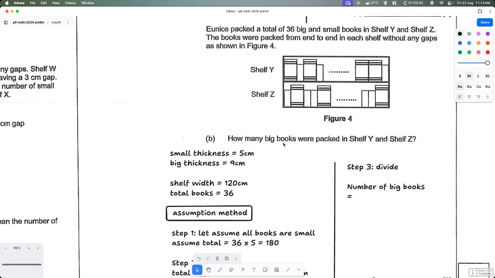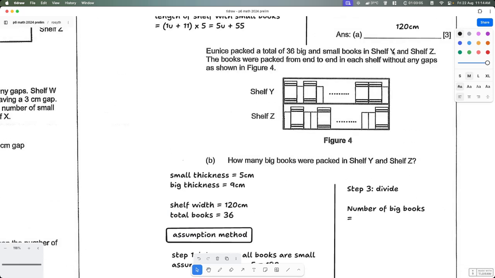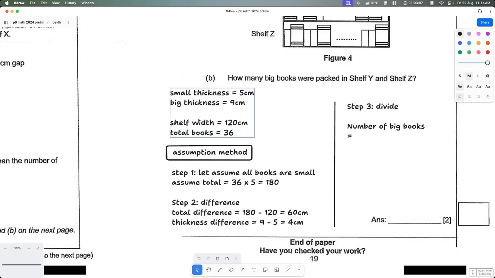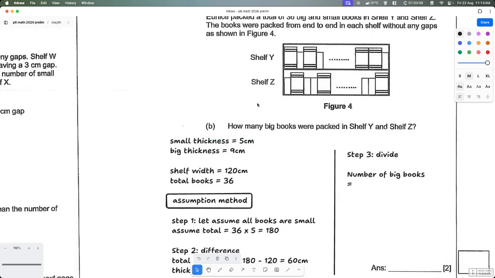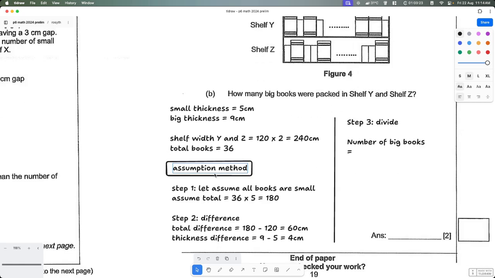Wait, this is packed 36 more. Oh, okay, my bad. So the shelf width is not only 120. The shelf width for Y and Z is equal to 120 times 2, which is 240. So my bad on this one.